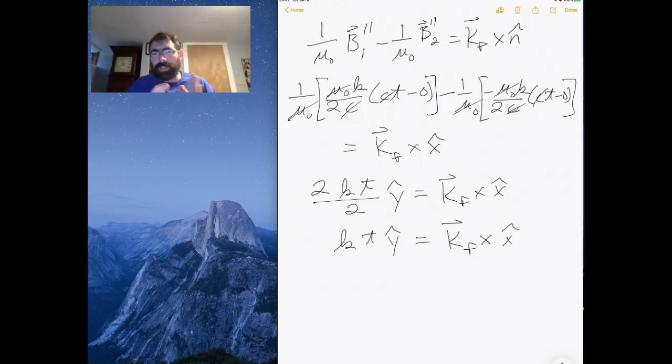So if the vector crossed into x produces a vector that's in the y direction, then kf must be in the z direction. So what we find is that kf is the constant k times the time t in the z direction.